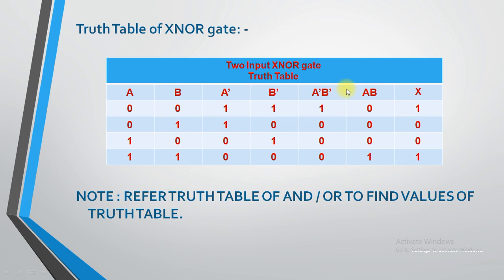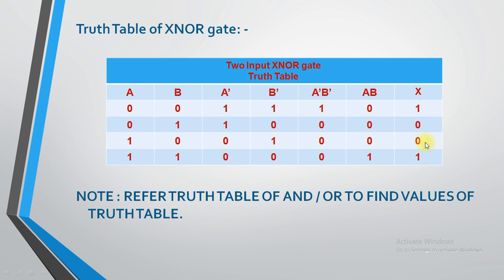OR gate. OR gate means what? If you have 0 0 as input, you will get 0. In the remaining cases you will get 1. So between these numbers we have that combination of 0 0. So you will get 0 as output. In the rest of the cases you will get 1 as output.